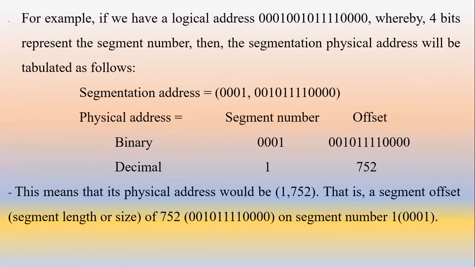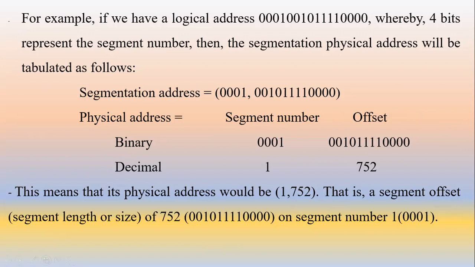For example, if we have a logical address 0001001011110000, whereby 4 bits represent the segment number, then the segmentation physical address will be tabulated as follows.